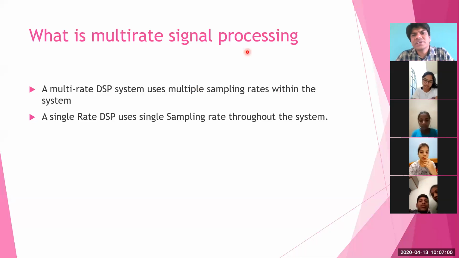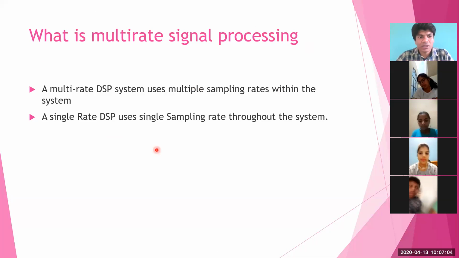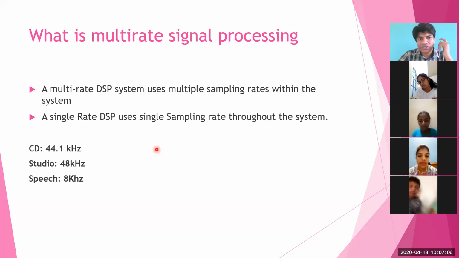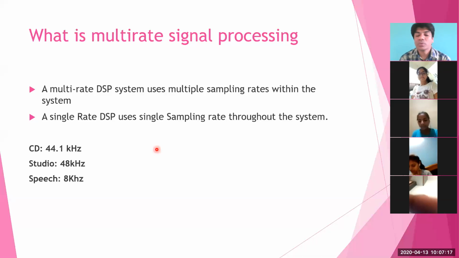So let's first see what are the applications of multi-rate signal processing. One important application is where we see, especially in recording studios, the sound is recorded at a very good quality sampling rate of 48 kilohertz.